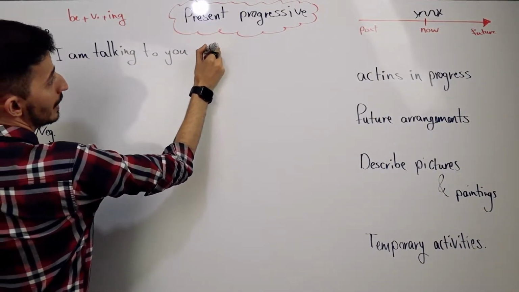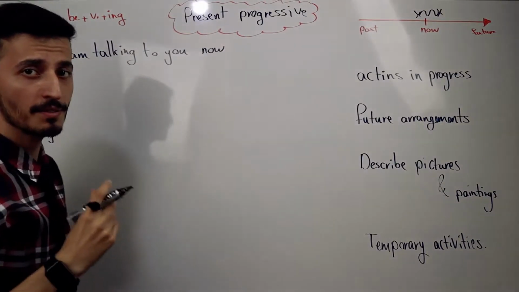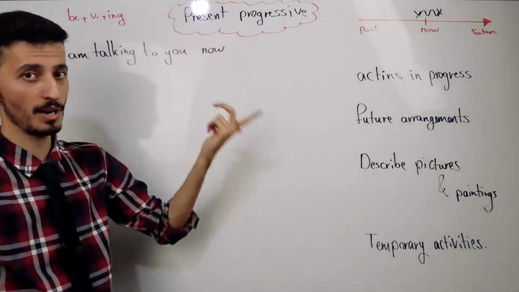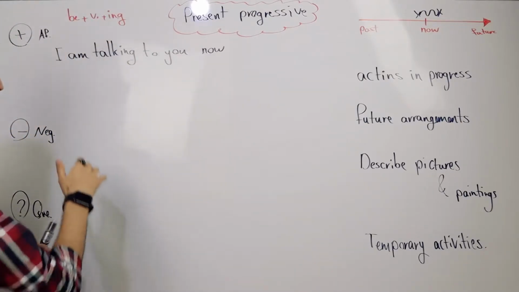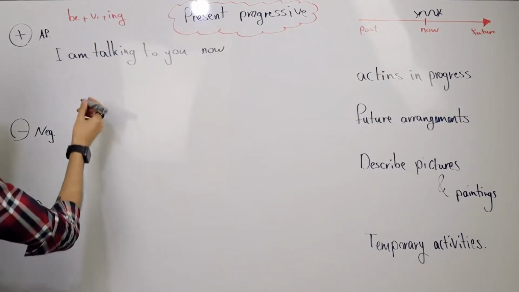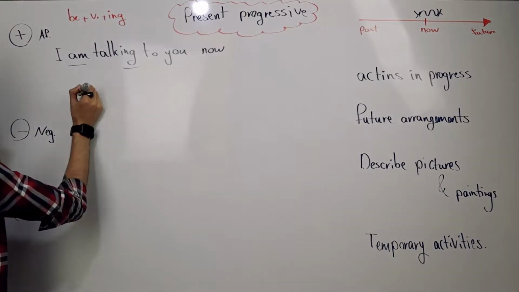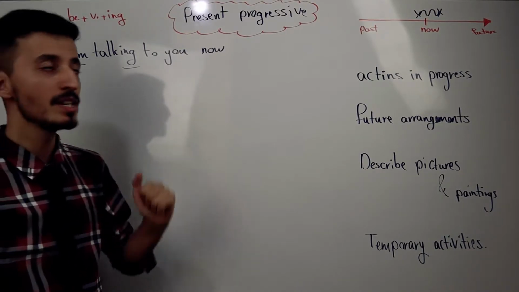We can usually add now here at the end, but it's not necessary. Even if you don't add now, people know you're talking about now because you're using present progressive. The structure tells them about the meaning. So I'm talking to you now. What we have here is be and verb plus ing. I have written the formula up there for you about the structure.